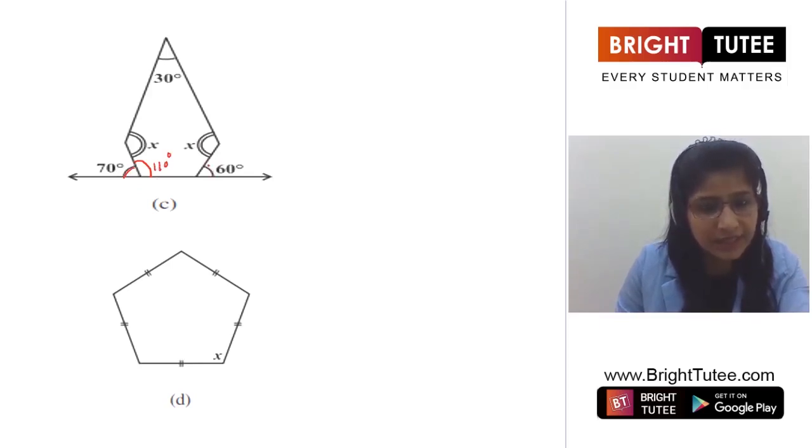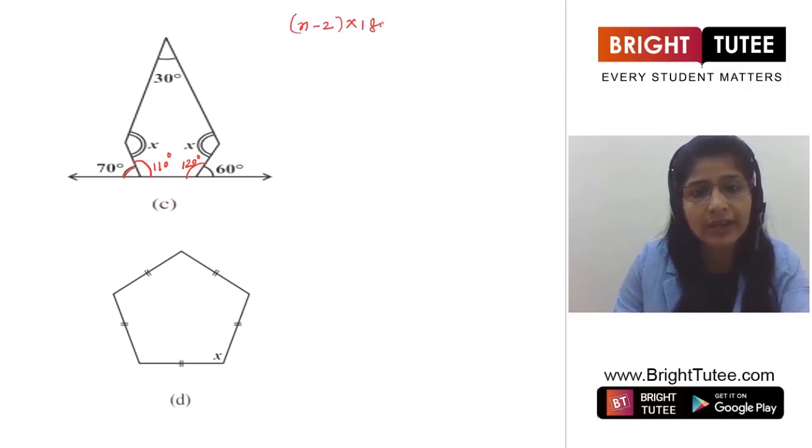Similarly, if this is 60 degrees, this is going to be 120 degrees, because this is a straight line angle and it is 180 degrees, the complete angle. Now we know the measurement of all five angles, and we know in a pentagon the sum of interior angles is given by the formula n minus 2 into 180 degrees.